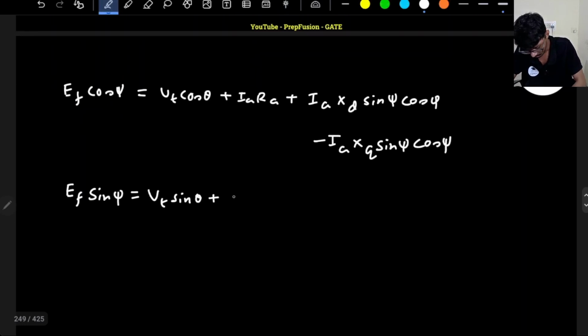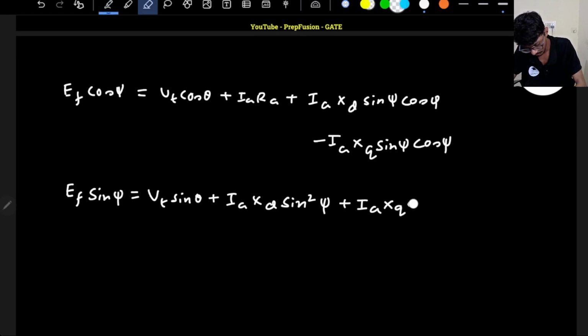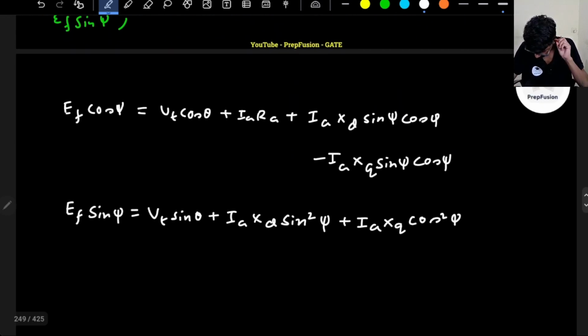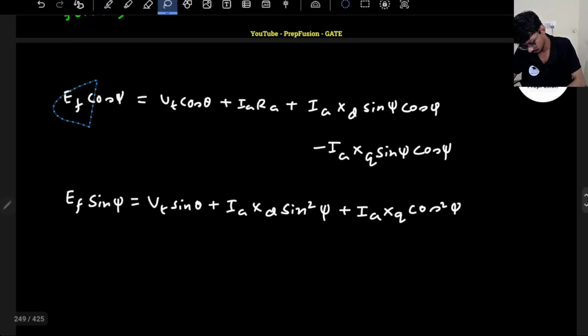So Ia Xd sin square, not theta, sorry, xi plus Ia Xq cos square xi, correct?